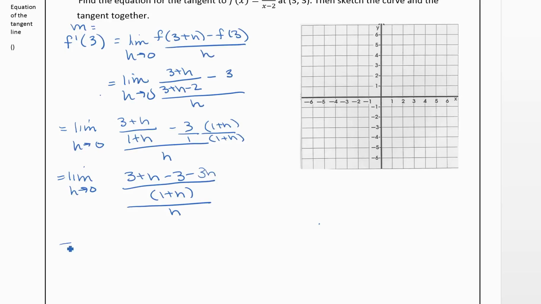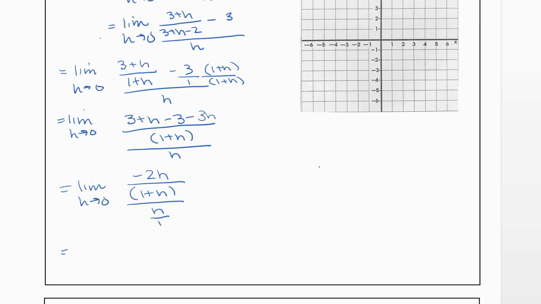So when we simplify, the 3's cancel out, and we're going to have minus 2h over 1 plus h, all over h. Now remember, when you're dividing by a fraction, this is like dividing by h over 1, so you multiply by the reciprocal.